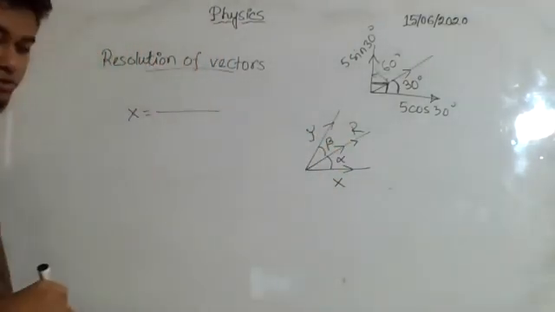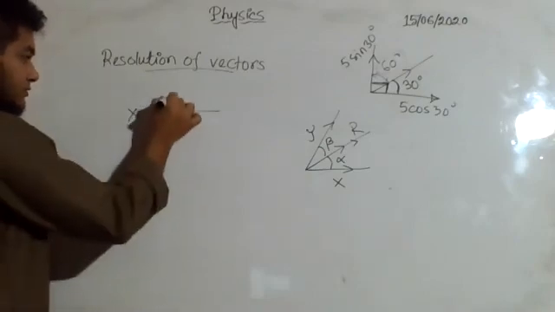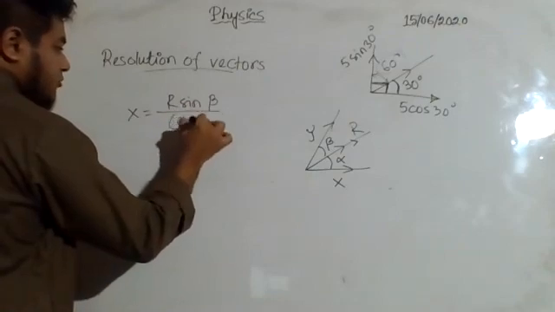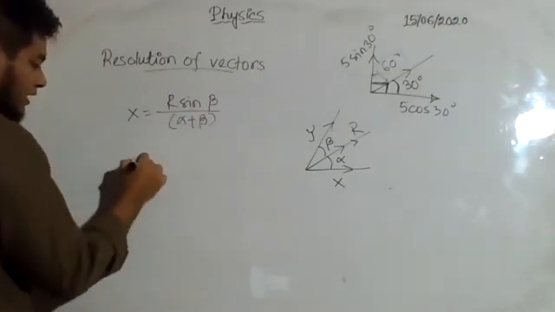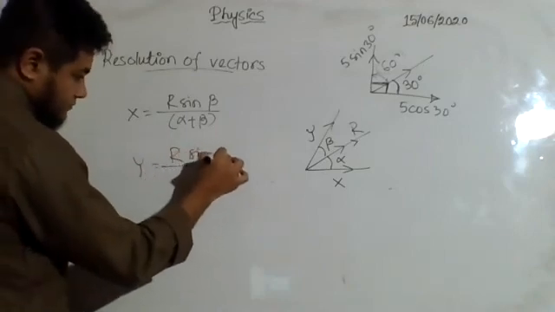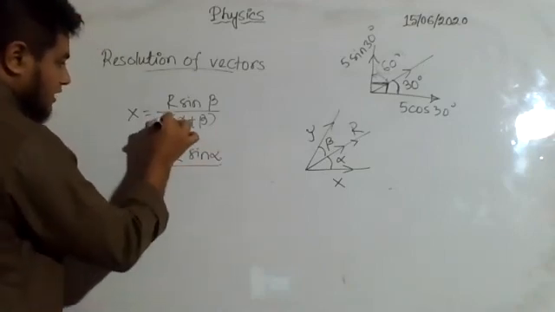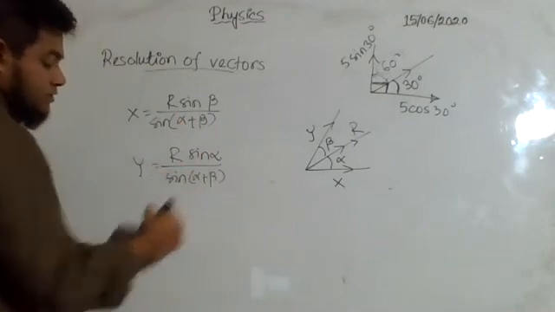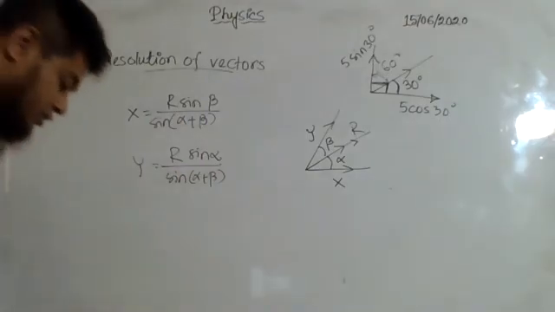X will be equal to r sine beta divided by sine alpha plus beta, and y will be equal to r sine alpha divided by sine alpha plus beta. So this is going to be the equation, okay?